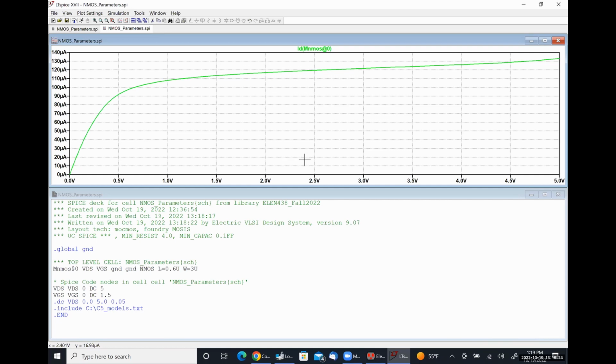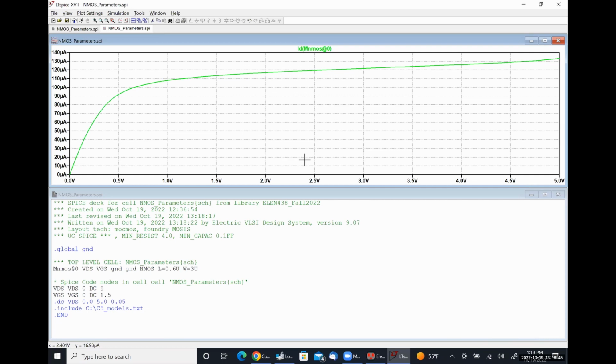So our drain current ID should be 0.5 times 400 microamps per volt squared. So 400 times 10 to the minus 6 amps per volt squared. VGS minus VTH, that's 1.5 minus 0.75, quantity squared.